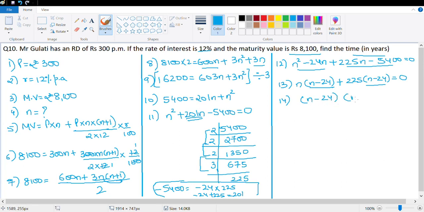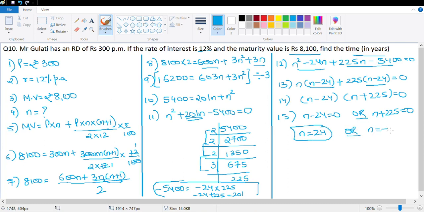So n minus 24 times n plus 225 is equal to 0, which means n is equal to 24 or n is equal to negative 225. Now n is basically time, so since time can't be negative, therefore reject. So what we have is time period is 24.